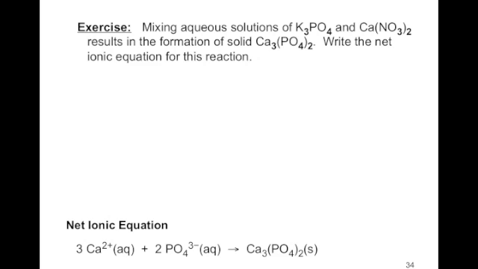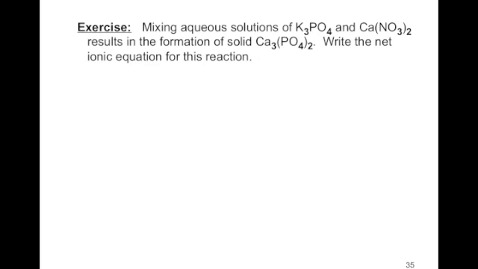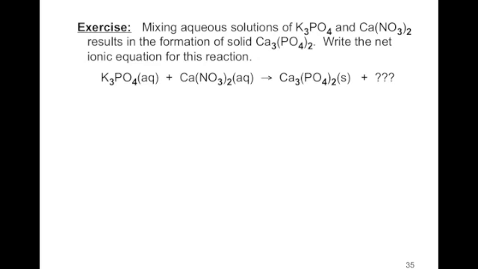So to show you the general procedure for solving this, what we would do is start off with a molecular equation. So we write down the species that are reacting, potassium phosphate and calcium nitrate, as aqueous solutions. And we know that one of the products is solid calcium phosphate. There must be something else, right? So we need to figure out what that is.